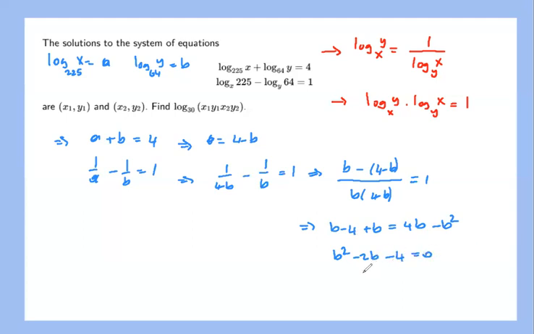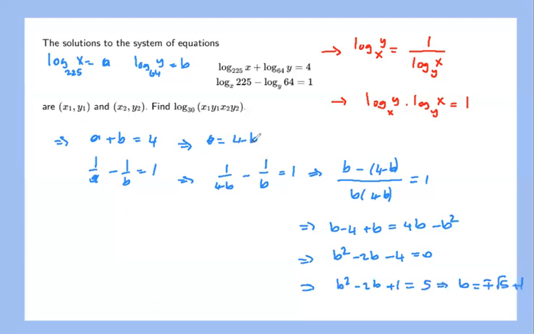Okay, at this point, you may either use the quadratic formula or complete the square, so I'm going to go with completing the square. That will give us b squared minus 2b plus 1 equal to 5. If you are not sure what I did here, it's just completing the square. And this is (b minus 1) squared equals 5. So b has to be plus or minus root 5 plus 1. Okay, so this is my b value.